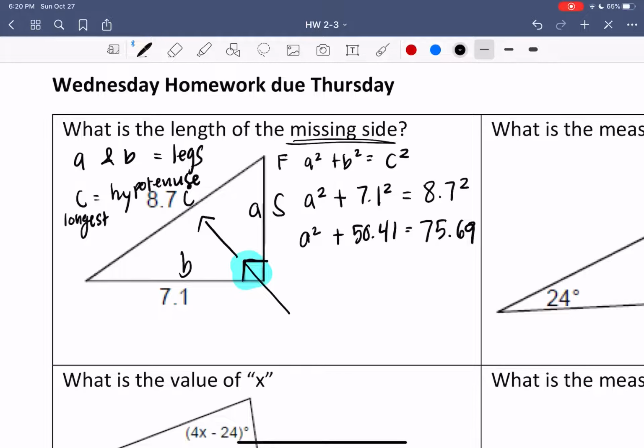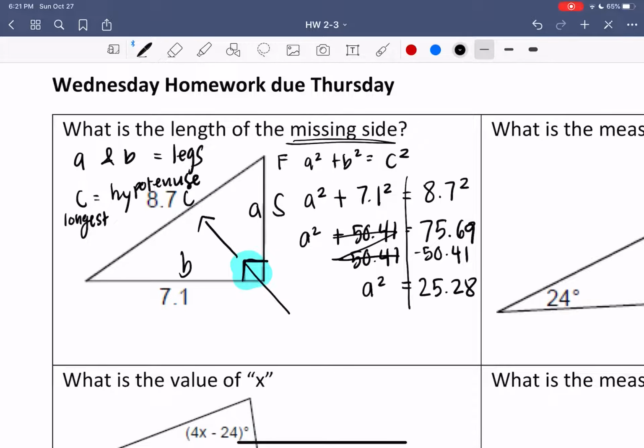And from there, in order to get A by itself, we're going to have to subtract 50.41 from both sides. This one will become 0. A squared equals, we're going to take this number and subtract our 50.41, and then we'll be left with 25.28.